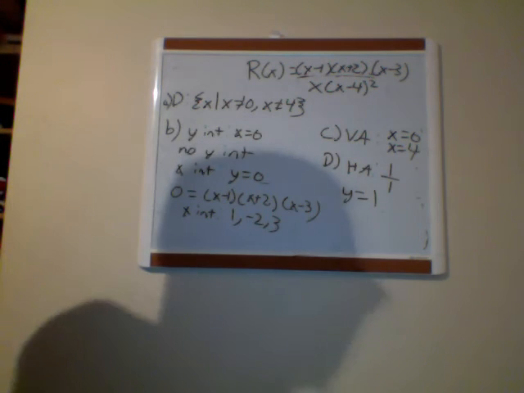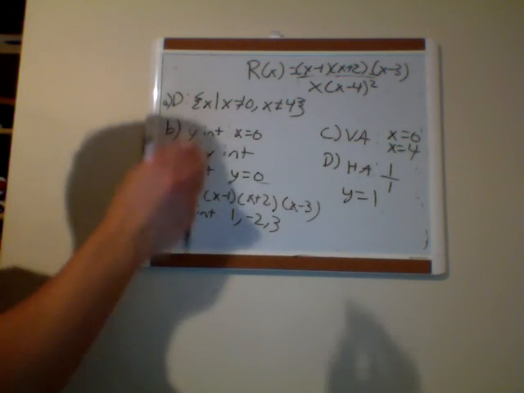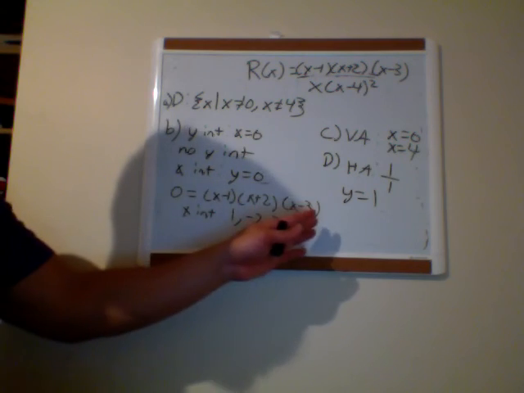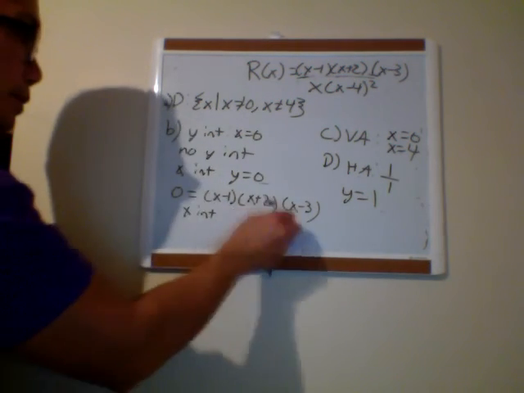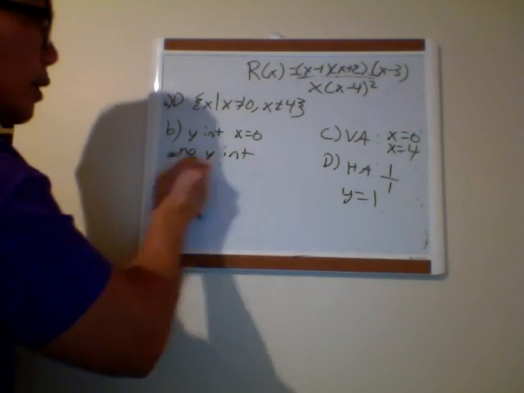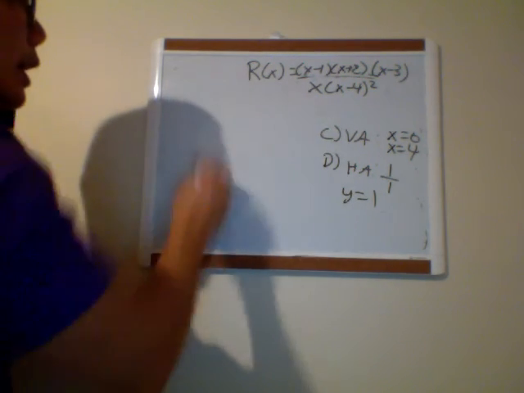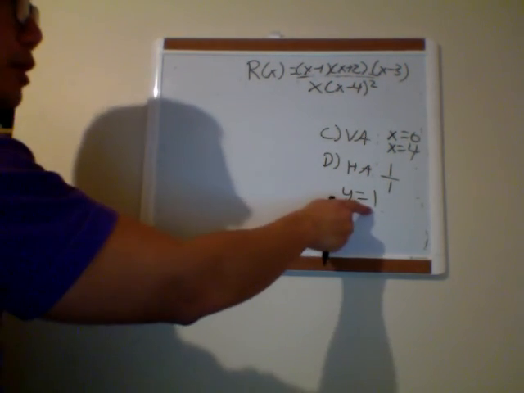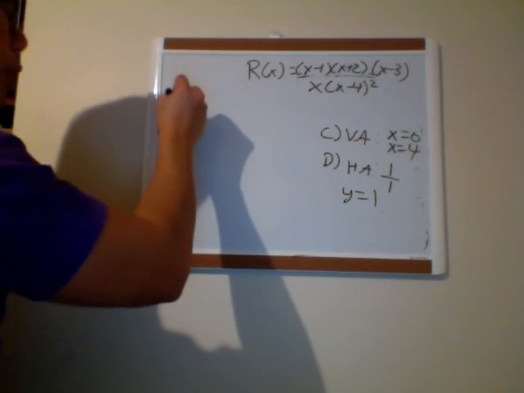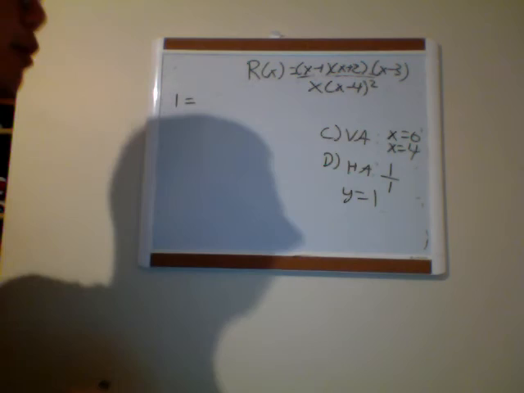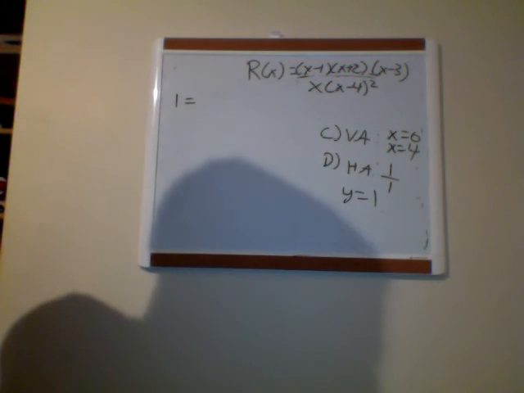Okay? Now, let's see if we intersect the horizontal asymptote. So remember, what I'm going to do is set my 1 equal to the simplified version. And this is the simplified version.